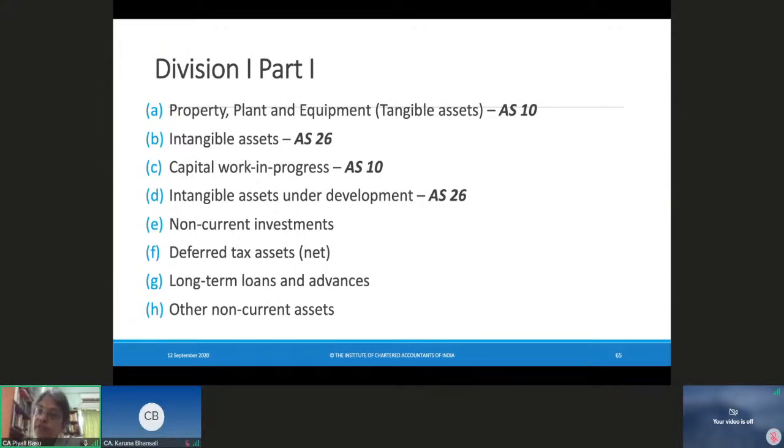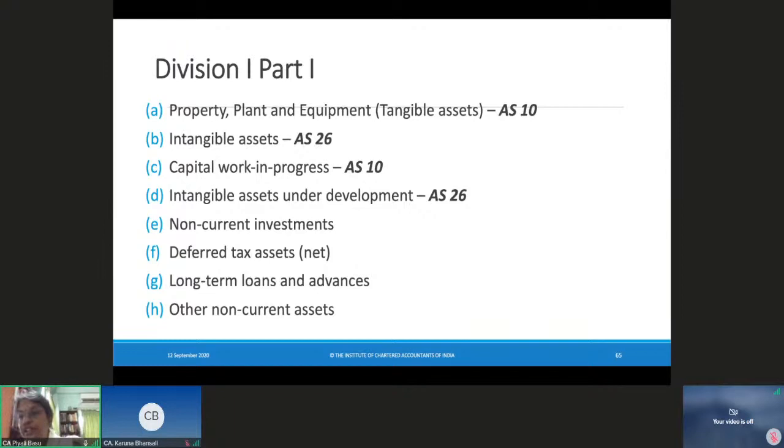If they mature in the short term, we put them accordingly under current, or even cash equivalent if maturing within 3 months. But if not so, they will be non-current investments. Okay, mutual funds, investments in partnership firms, whatever. So there are a whole lot of explanations for non-current investments, and the following should be disclosed. What are the things?